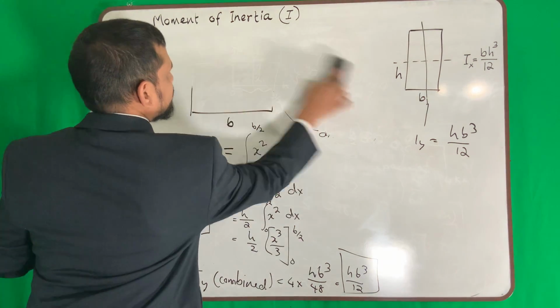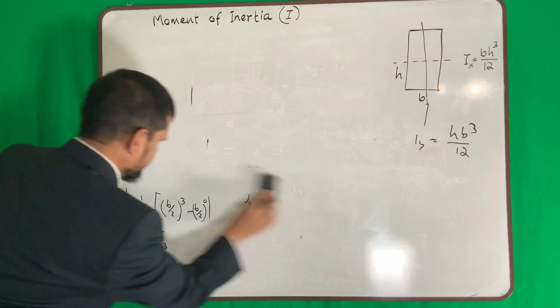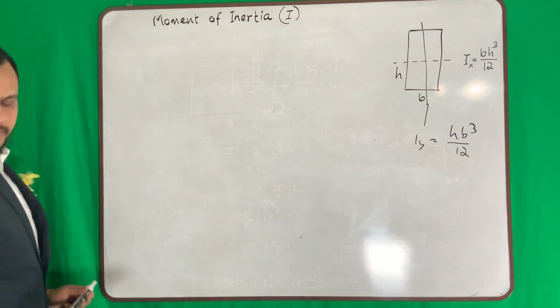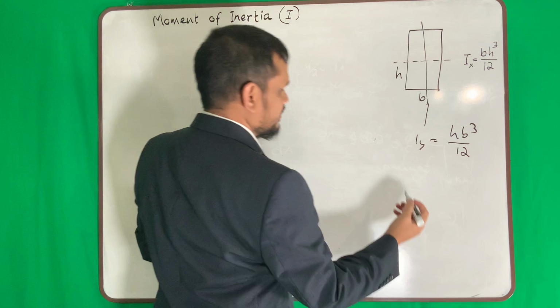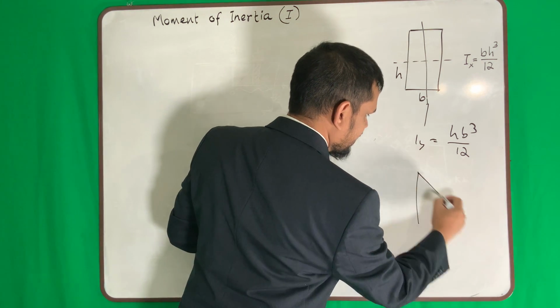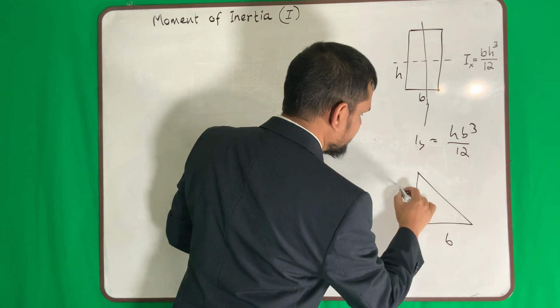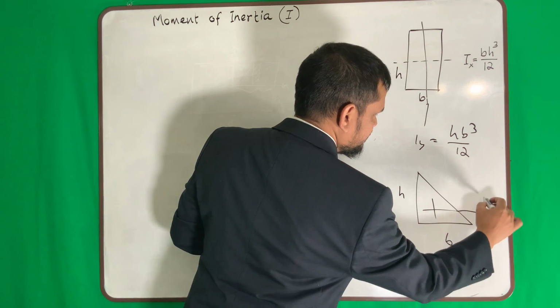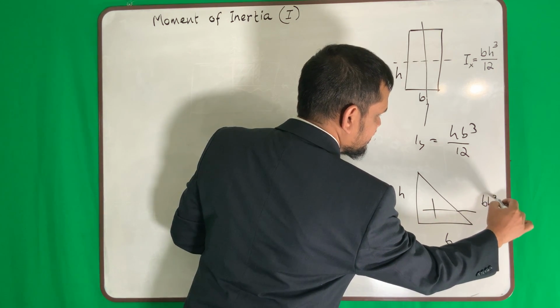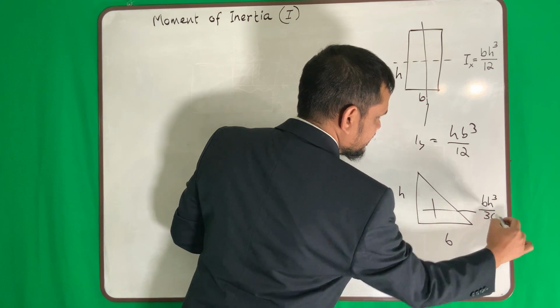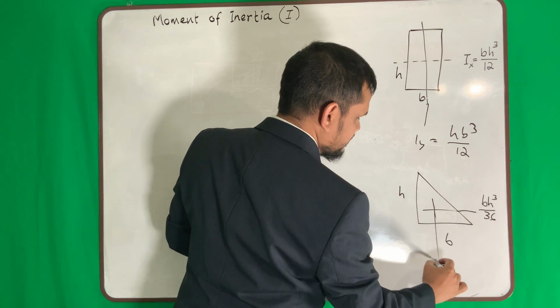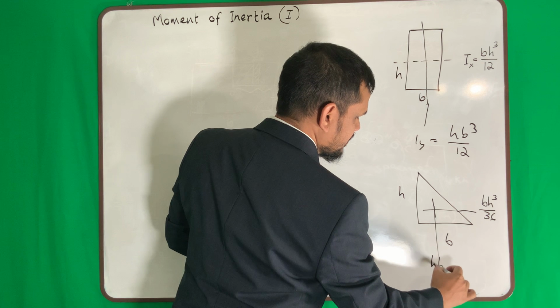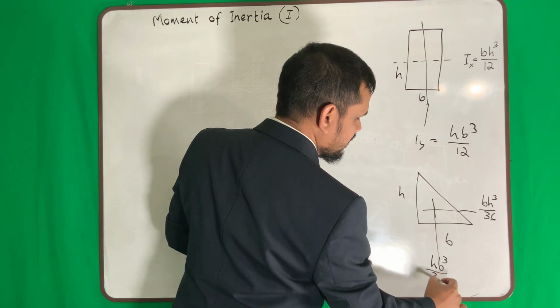Something else we need to memorize is for a triangular section, say this is b, this is h, and say this is the centroid. About this axis it will be b h cube over 36. About this axis it will be h b cube over 36.